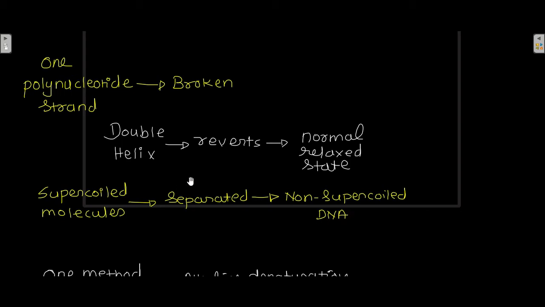The chromosomal DNA is in the non-supercoiled form, the plasmid DNA is in the supercoiled form, and these supercoiled molecules are separated, and that is how you separate the plasmid.